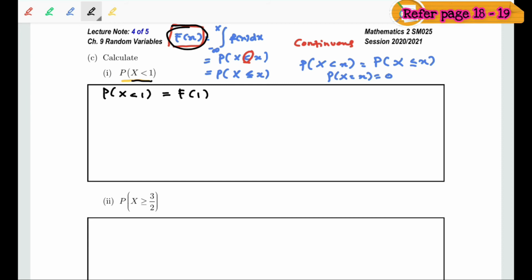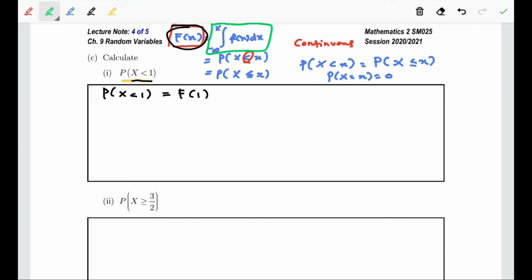If you are going to use the PDF, you need to integrate. If you don't have the CDF and only have the PDF, you have to use this kind of method and integrate. But now we already have the function of F of x, so in a shorter way, we are going to use this rather than integrate.